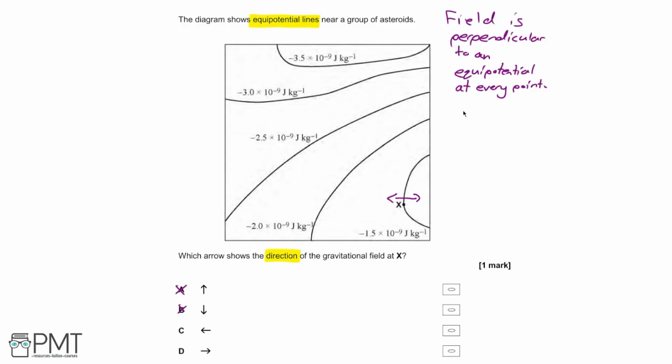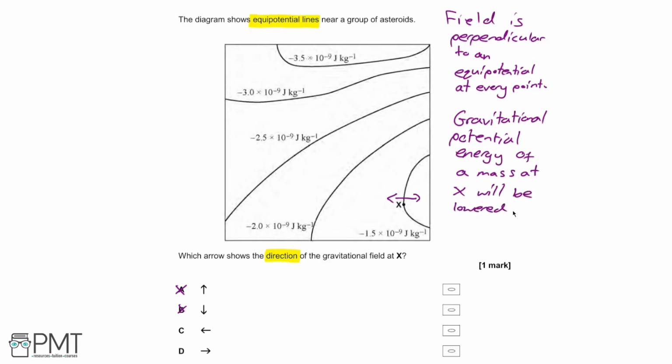So in other words, the gravitational potential energy of a mass at X will be lowered as the field moves it away from X.